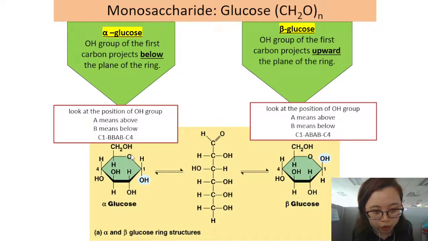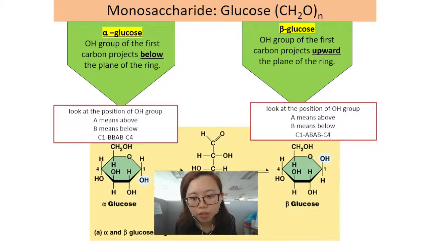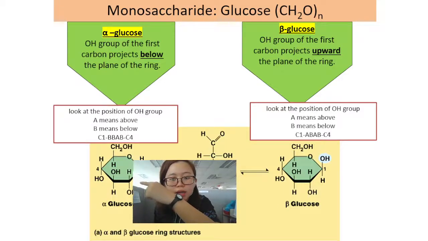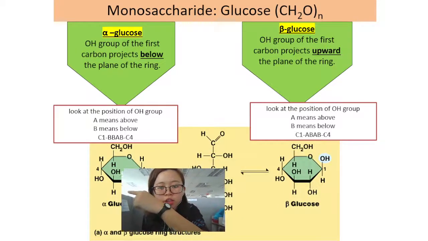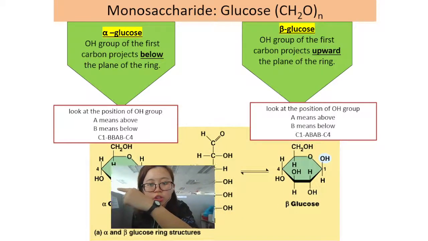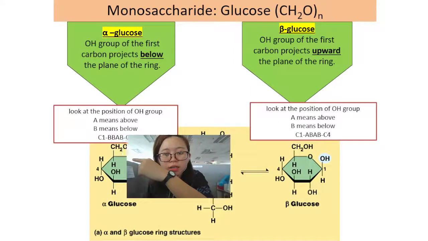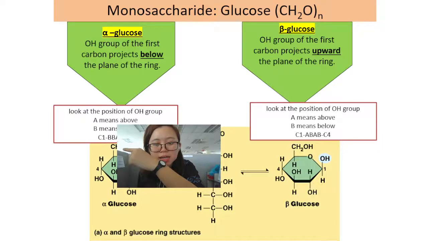We start with oxygen. That's the oxygen atom. And then over here, that is your first carbon atom. That is your second carbon atom, third carbon atom, fourth carbon atom, fifth carbon atom, and sixth carbon atom.